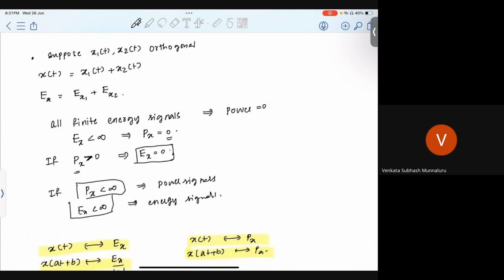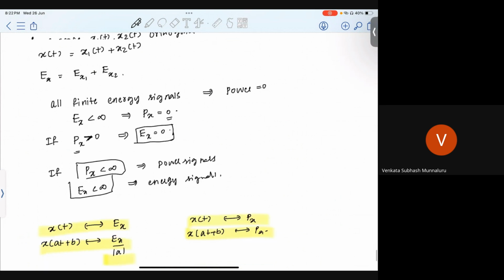They are 0 energy signals. And if the power is a finite term for any signal, for such signals energy is 0, and such signals are called power signals, or 0 energy signals. And if for any signal energy is finite, then the power is 0. So such signals are called either energy signals or 0 power signals. This is something I would like you guys to remember.